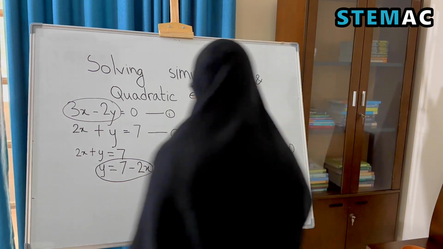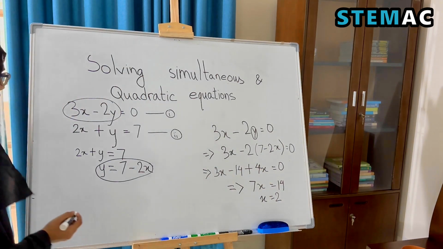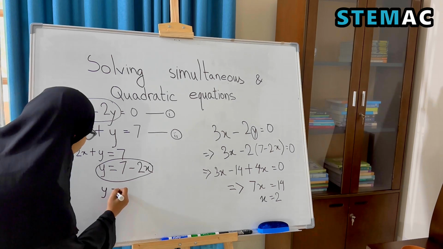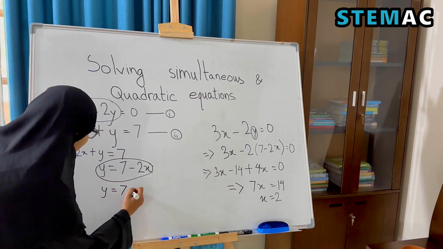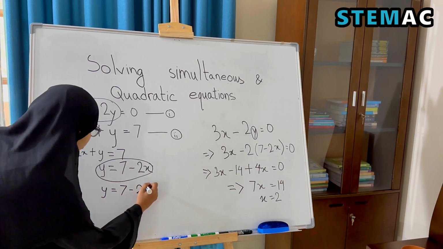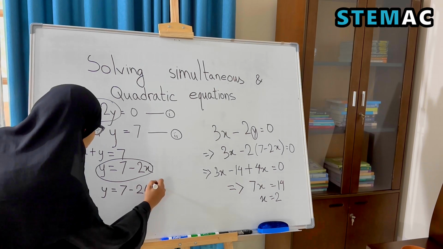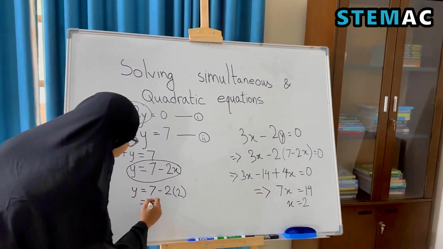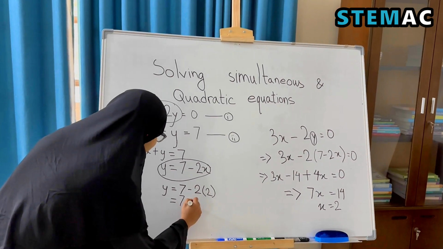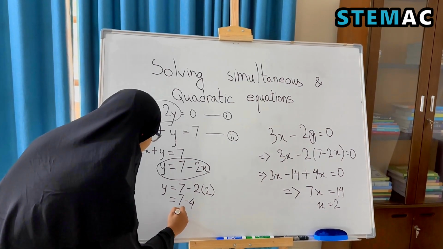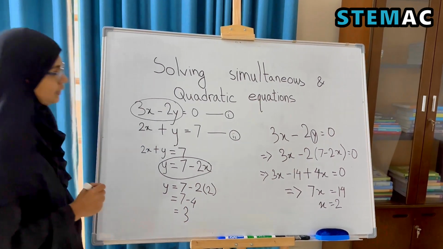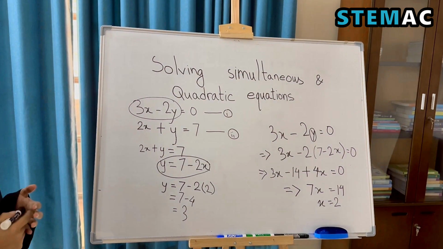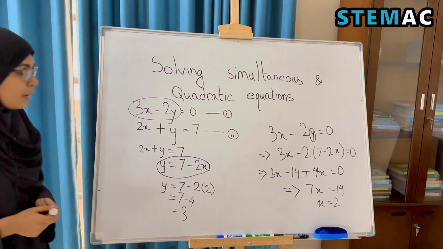So we got the value of x, and now if we put the value of x in this equation, we would get the value of y, and that is 3. So that's how we solve simultaneous equations using the substitution method.